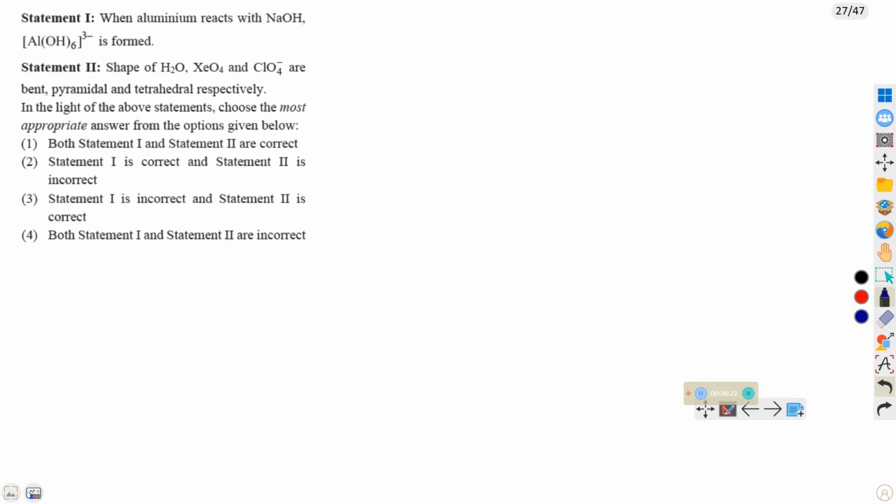When aluminum reacts with NaOH, Al(OH)6 3 minus is formed. Check it. 2 moles of aluminum plus 2 moles of NaOH plus 6 moles of H2O gives rise to 2 moles of Na[Al(OH)4] plus 3 moles of H2.